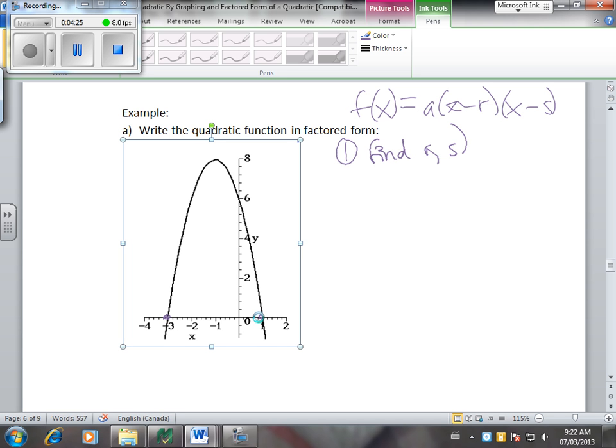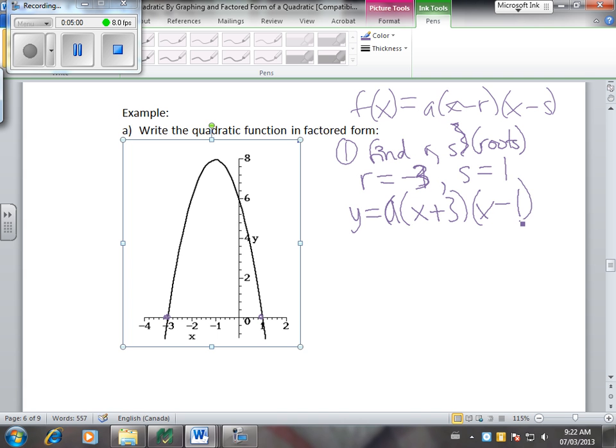And so r will equal negative 1. Sorry, and these are our roots. And s equals 1. Okay, so then we write that in as y equals a x. Oh, sorry, this is over here, it's negative 3 and positive 1. So negative 3 and positive 1, it will be x plus 3 and x minus 1.